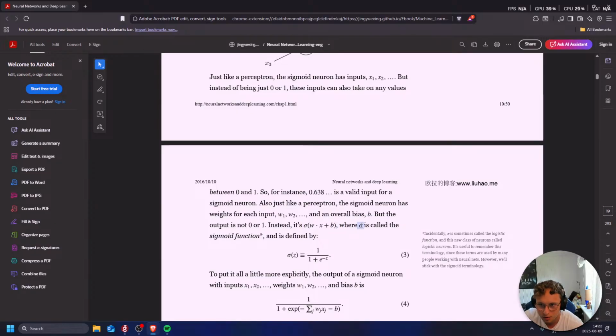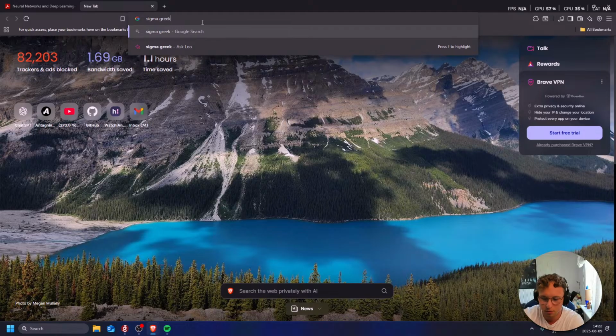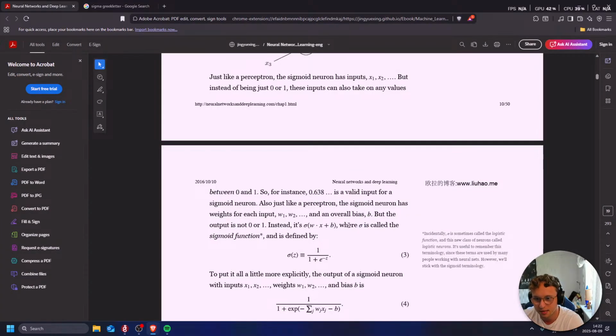Yeah, it's the sigma notation. It's called the sigmoid. Mathematics being funny, and it's defined in this way.